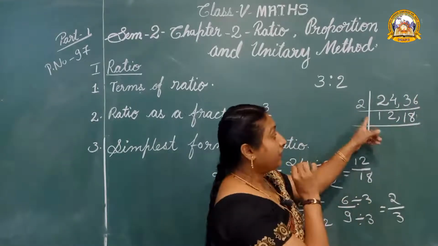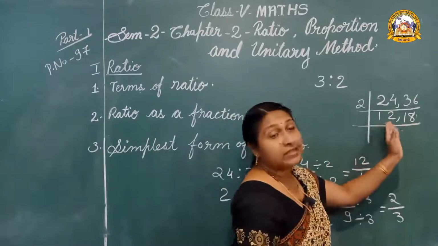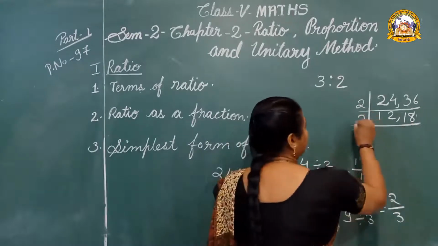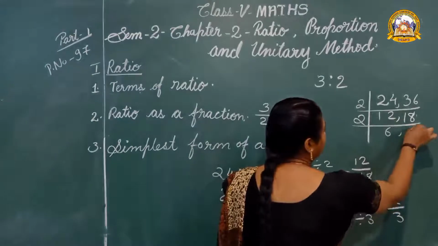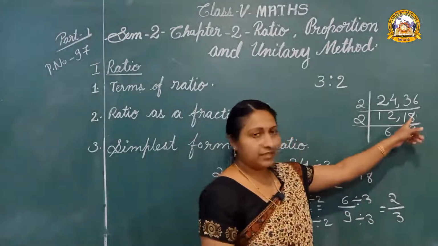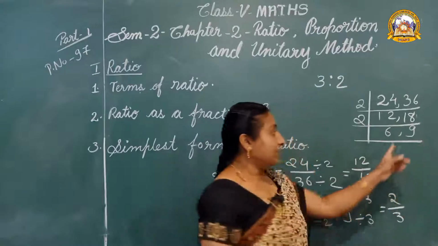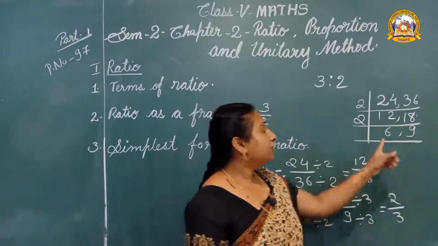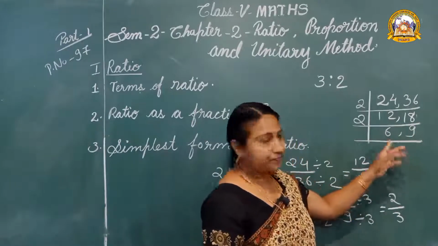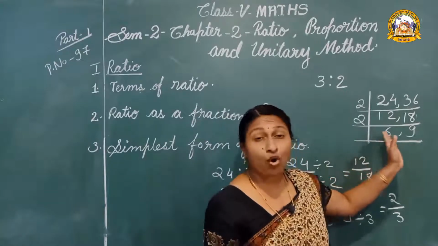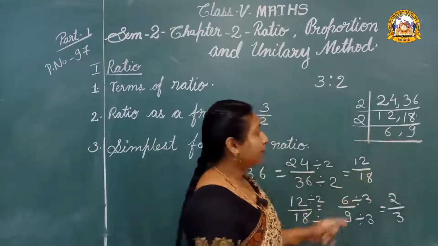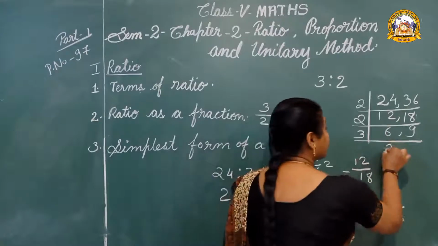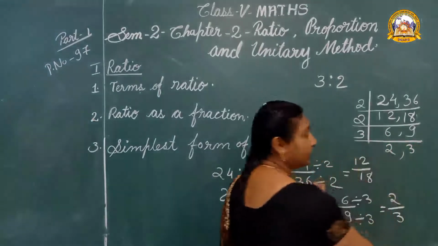Let us divide them by 2 because both of them are multiples of 2. Isn't it? Okay, 2 6s are 12 and 2 9s are 18. Children, can you say the common factor of 6 and 9? Yes, 3. Here we can divide by the common factors only. How many 3s are there in 6? 2 3s are 6 and 3 3s are 9.